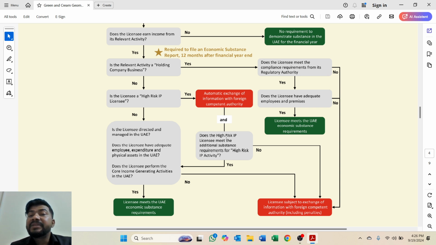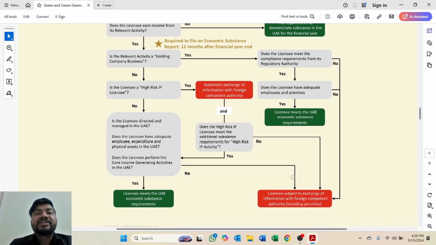If no, if they don't meet the compliance requirement, or they don't have adequate employees or premises in the UAE, in that case, the licensee is subject to exchange of information with the foreign competent authority, including penalty. Here, foreign competent authority I will explain later, when I explain the fine. So they will be subject to exchange of information with the foreign competent authority.